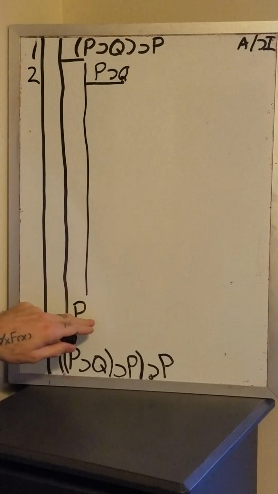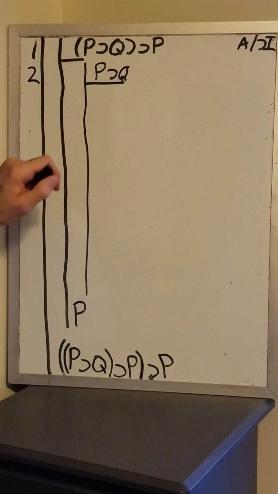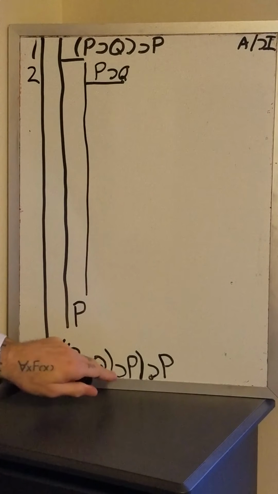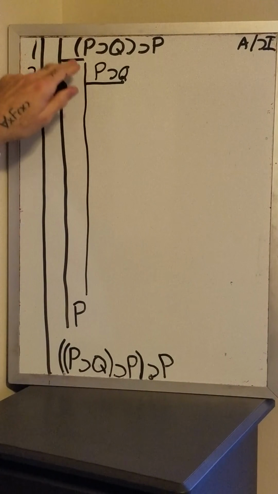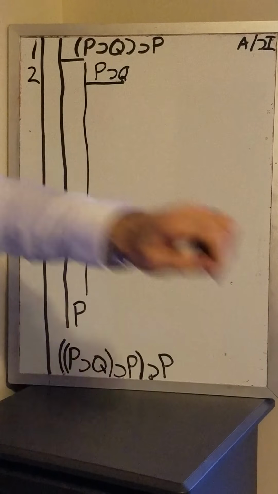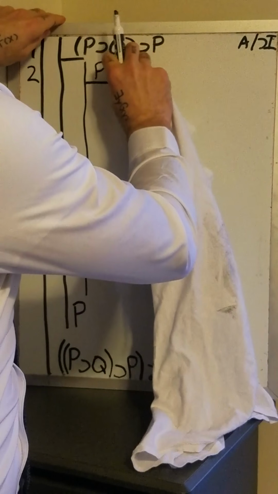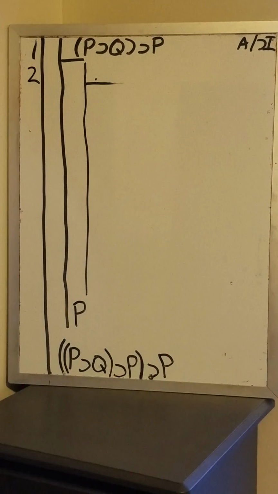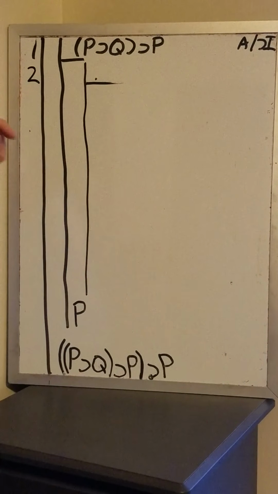And what we're trying to prove, our goal, is not a conditional. We want to assume the antecedent when our goal is a conditional, like we did here. It's not really going to get us anywhere in this case, where what we start with is a conditional. So a better strategy here is to do what we did in the last example and assume the negation of what it is that we're trying to prove in this subderivation.